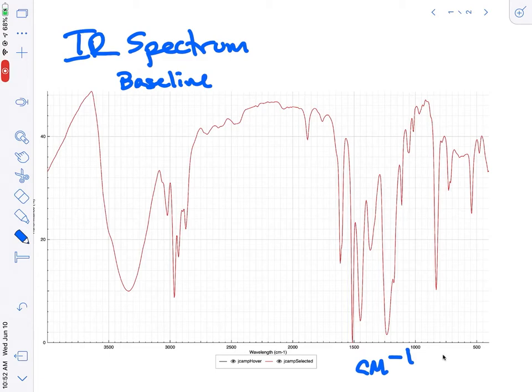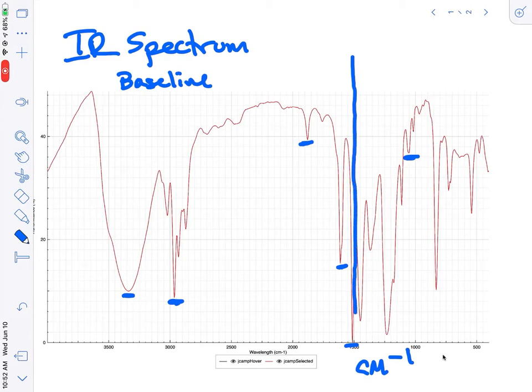So the more absorption you have, the lower the absorption is going to be. So in this case, if we look at this one right here, these are pretty strong absorptions, and these are pretty weak absorptions.